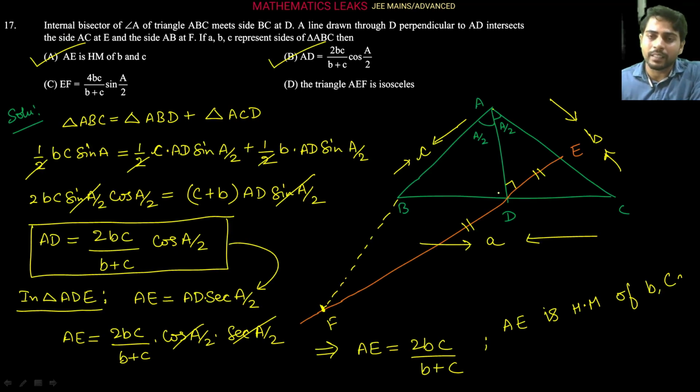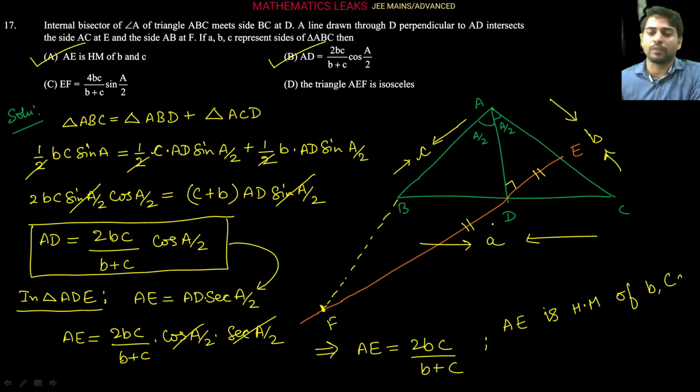And now from the figure we can also observe that in triangle AFE, AD is basically the angular bisector of angle A, and it is also perpendicular to the side EF. So we can say in triangle AFE, AD is also the perpendicular bisector of EF, correct?